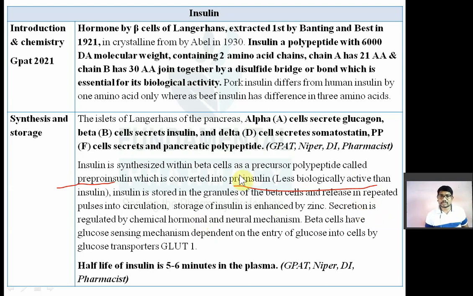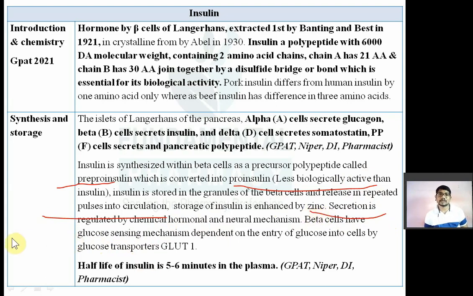It is released in repeated pulses in the circulation. The storage of insulin in the granules of beta cells is increased by zinc ions.